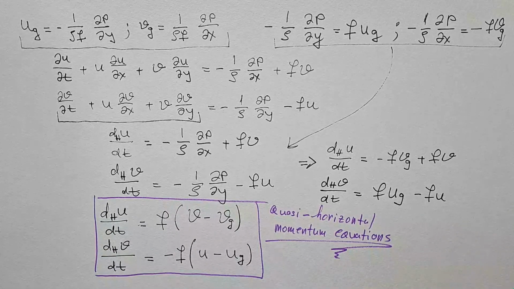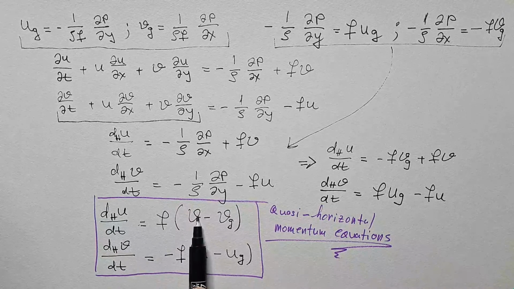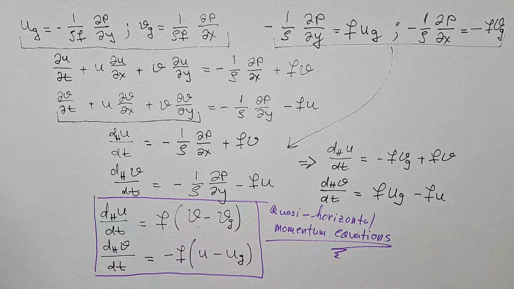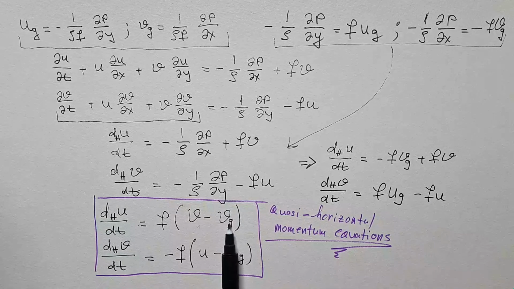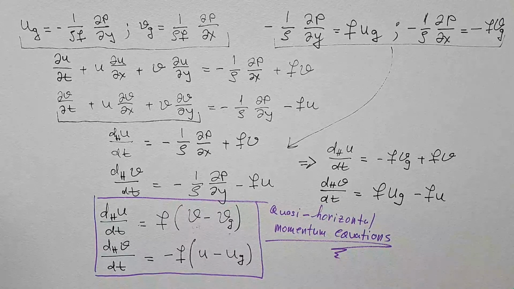These are beautiful differential equations, but there is one slight problem, and that is that the acceleration terms are proportional to the difference between actual wind and geostrophic wind. And I just told you that geostrophic wind is to very good approximation a good representation of real wind, which means this difference can be very, very small.